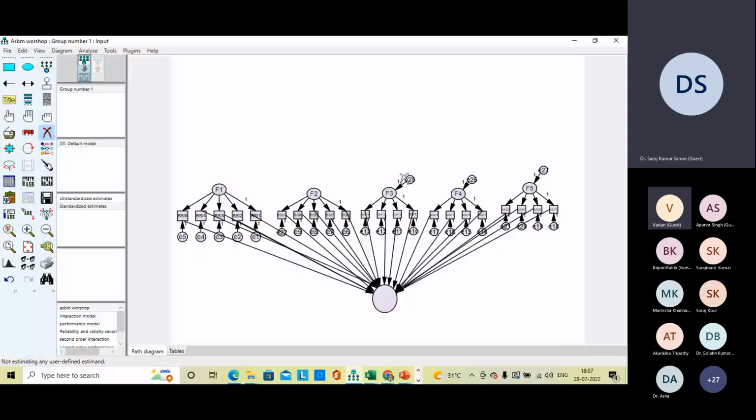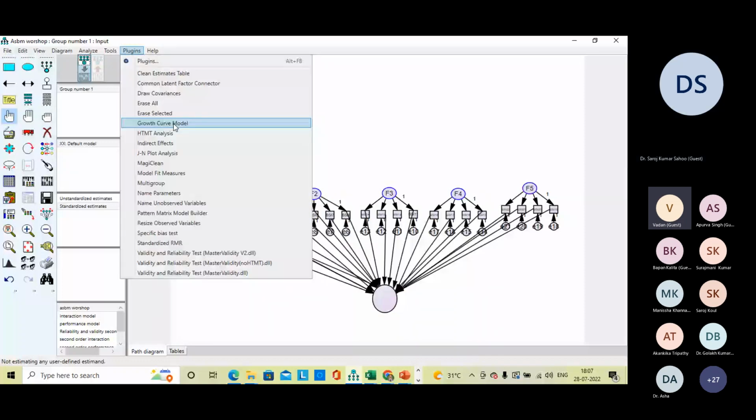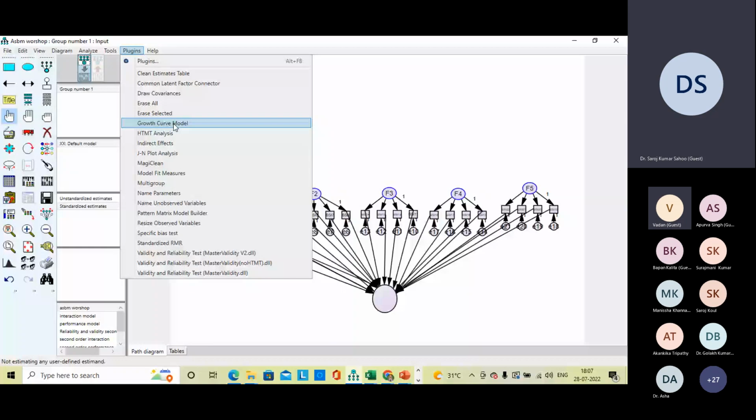Then I need to covary as usual. Where is that covariance? Draw the covariance.